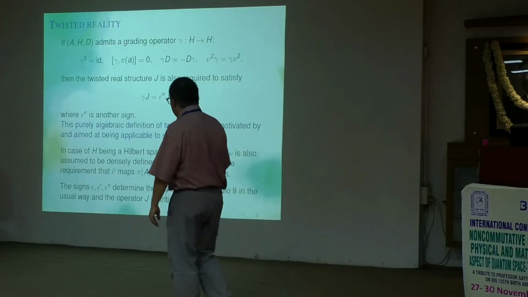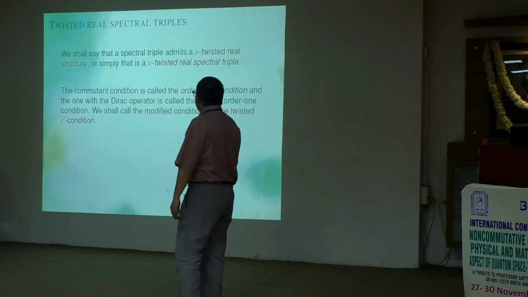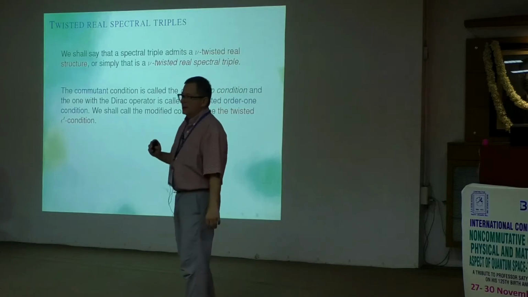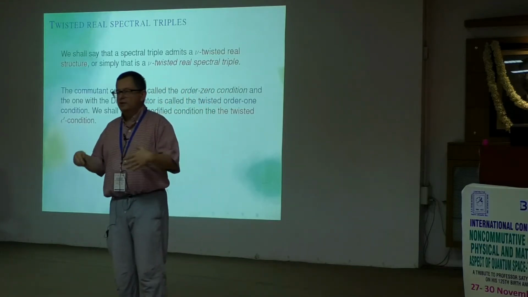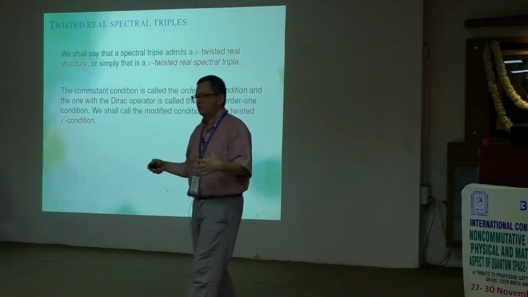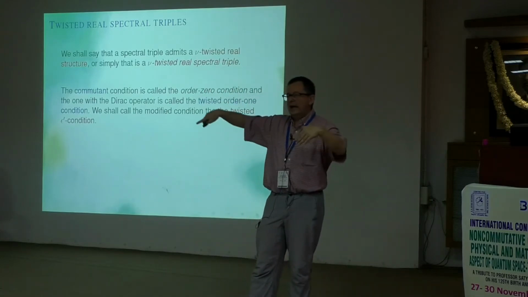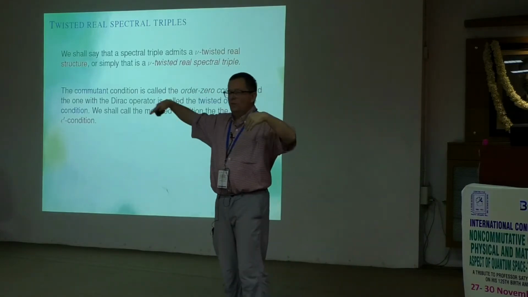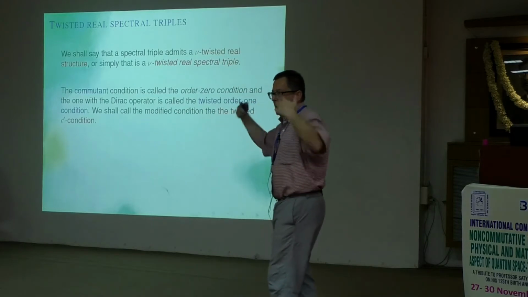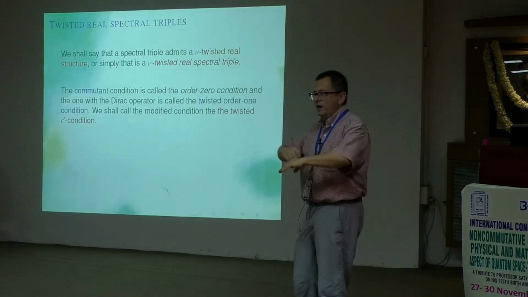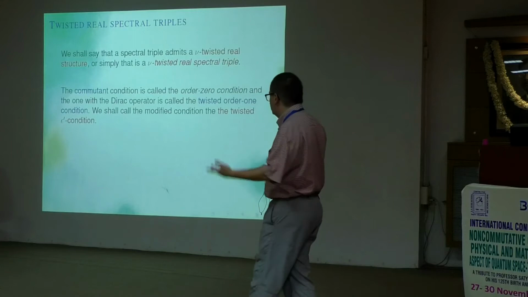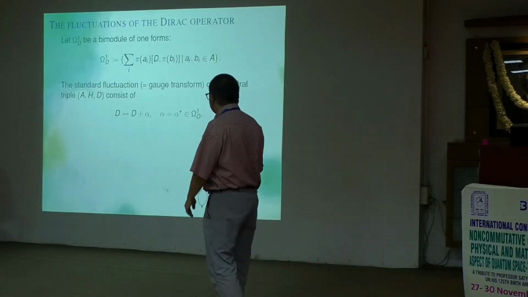The first thing is that you can modify the Dirac operator exactly the same way as you can do for the real spectral triples. So you can add connections. You can add one forms to make out of a single Dirac operator a family of Dirac operators, which is called fluctuation of the Dirac operators.